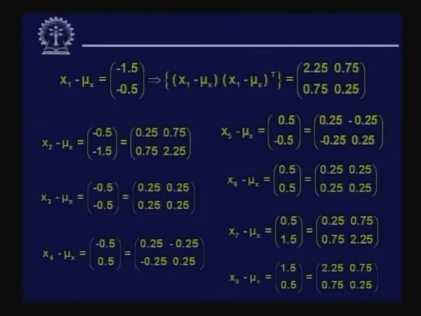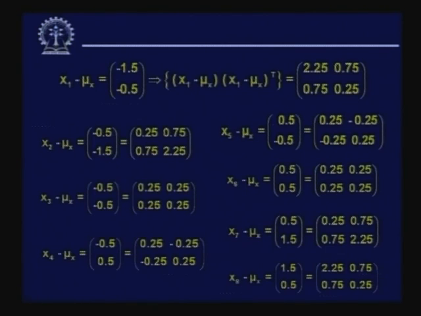Here, for the first vector x 1, which is nothing but the vector 3 4, we can find x 1 minus mu x as minus 1.5 and minus 0.5.